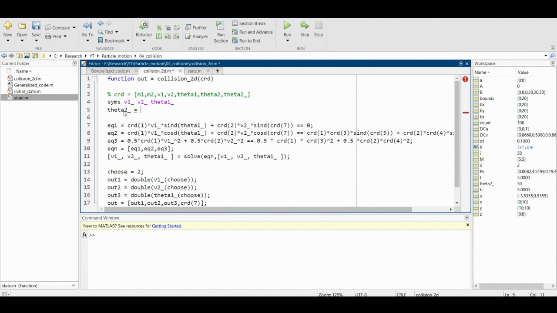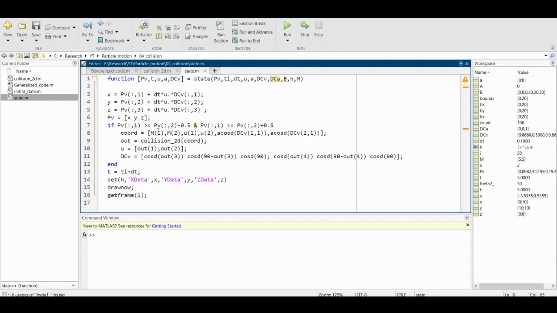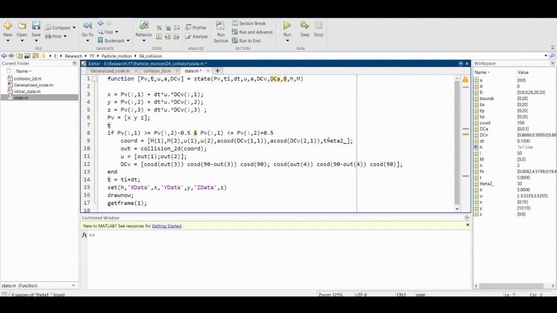So y2, I need y. Let's not do it here because I don't have y here. I only have y here. I don't want to give it an input. So you can go for here, this is theta 2, theta 2 dash. Here is good. So theta 2 I have to calculate.